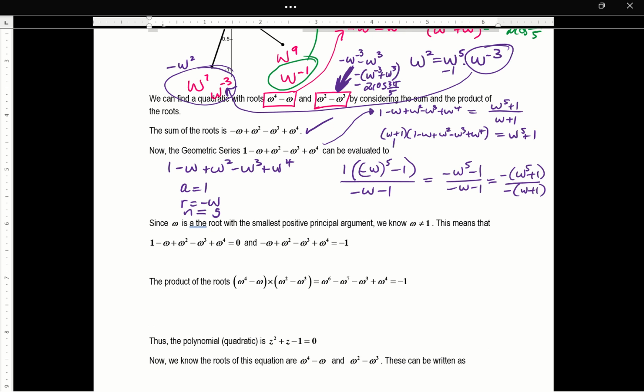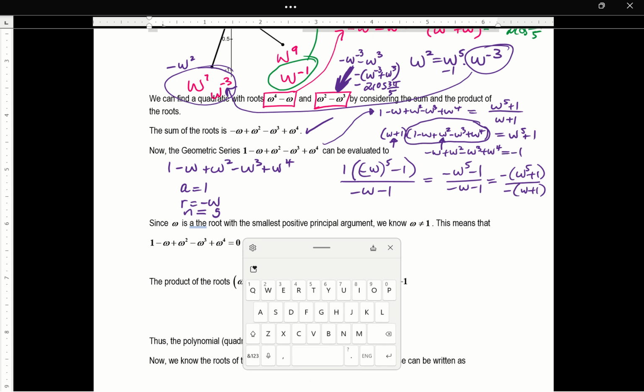And since W is not equal to 1, like 1 is the special root that solves the brackets for z plus 1, since W is the root with the smallest possible principal argument, it solves this second set of brackets equal to 0, which means that all that equals 0. So if you're trying to find what's the minus W plus the W squared minus W cubed plus W4, you know that must be equal to minus 1.